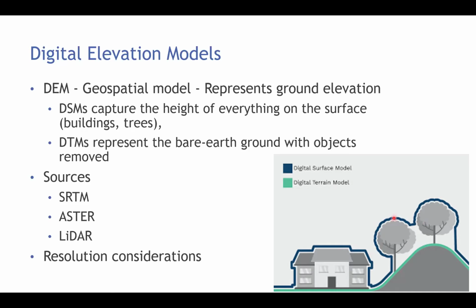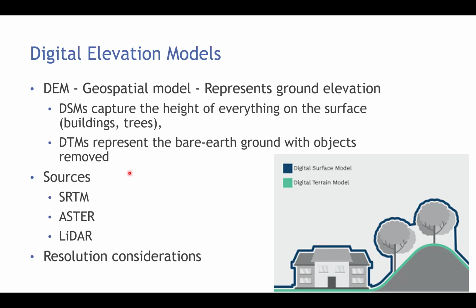I am observing the elevation of the tree surface or the building. That is called a digital surface model. So whenever we get DEMs from satellite based observations, for example your SRTM or ASTER data sets, what you get is a digital surface model.